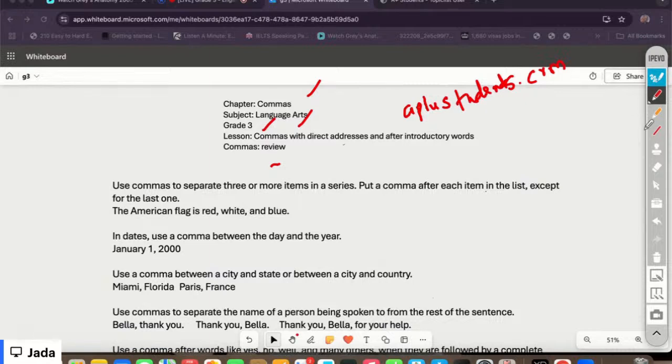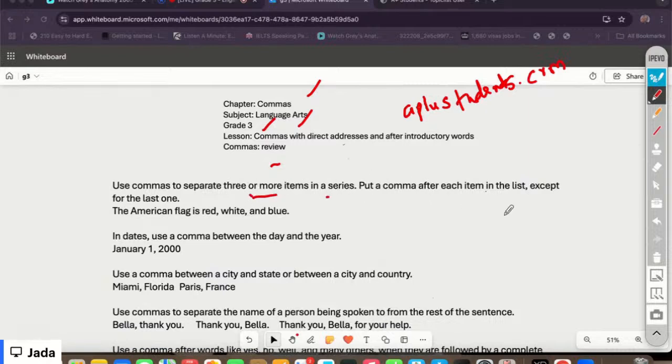All right, so first of all, we have to note the way we use commas. First of all, you have to use commas to separate three or more items in a series.